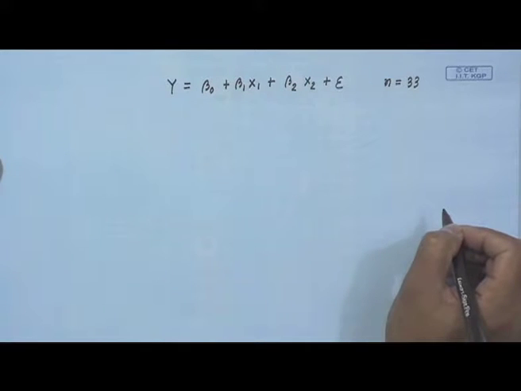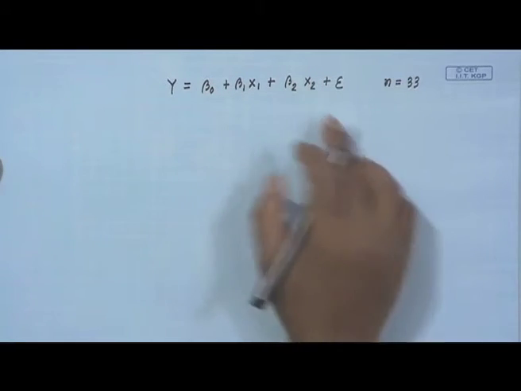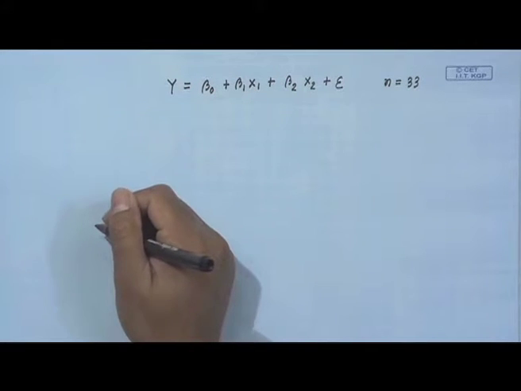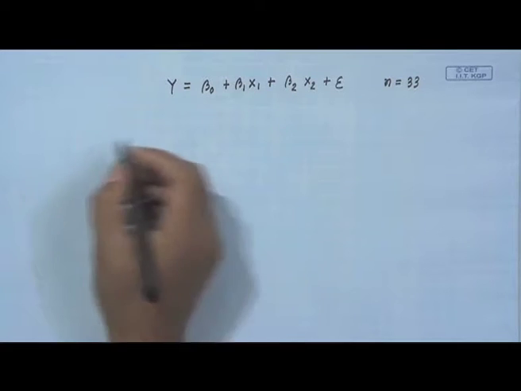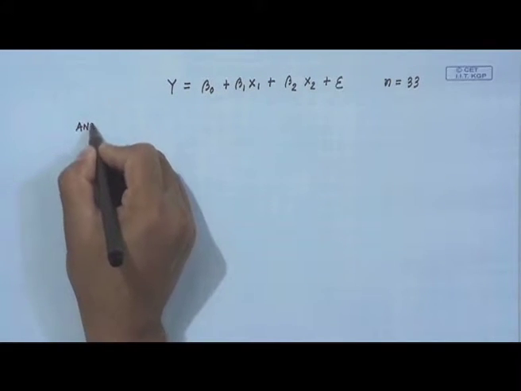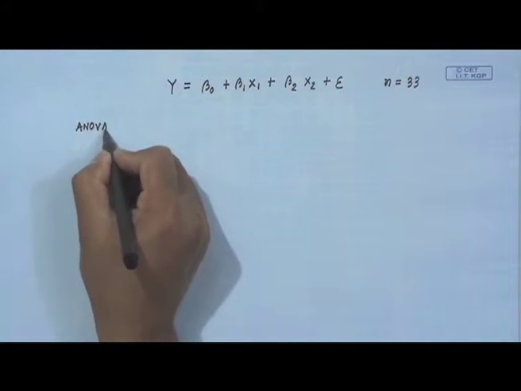Okay. So, from this information, what you can do is construct the ANOVA table for this one. So, here is the ANOVA table.